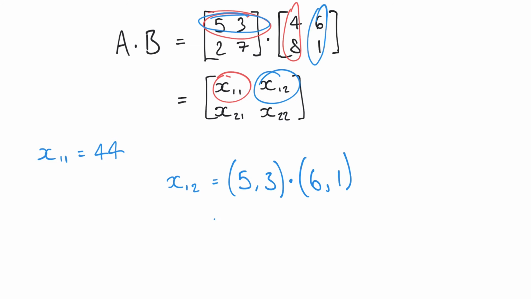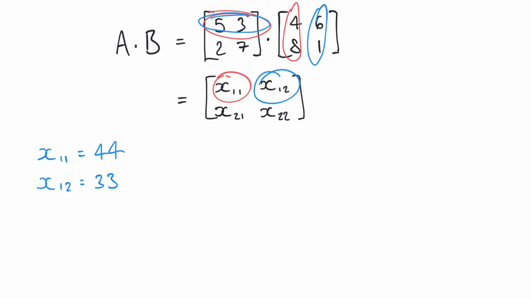From these two sets of numbers, we calculate the dot product by multiplying the first two numbers together, 5 times 6, and adding that to the second numbers, 3 times 1. When we calculate the result, we get 33. Let's follow the same method for x21 and x22 as well. x21 is in the second row, but it's in the first column.